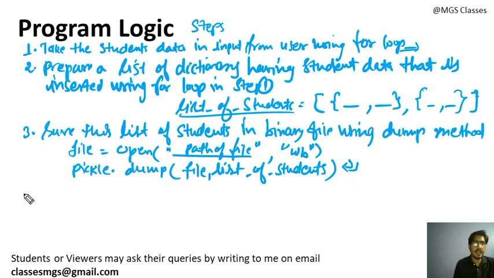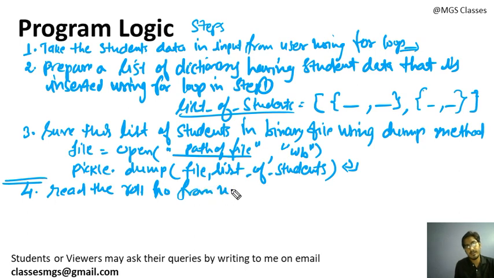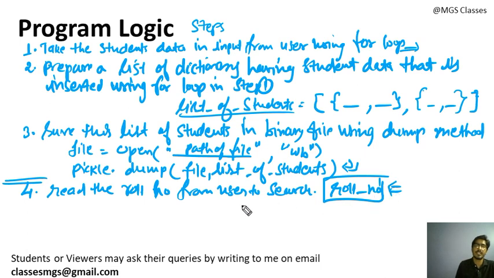file. Okay, now you will create another file. Now read the roll number from user to search. Okay, now you will have some roll number, take your roll number from user to search in the file.